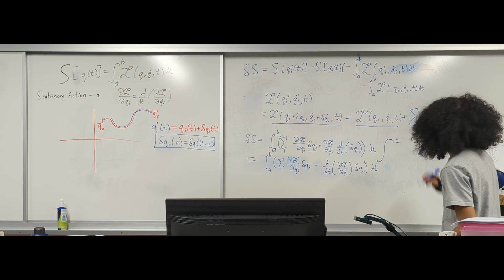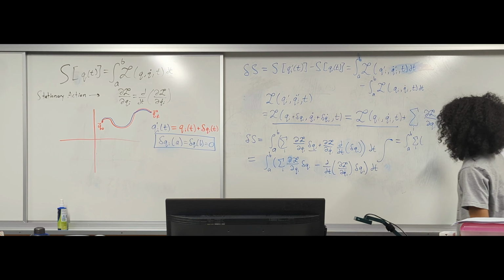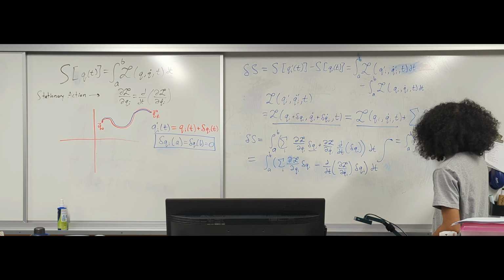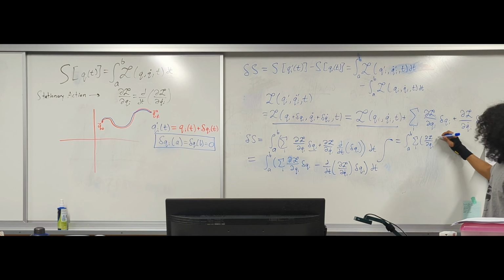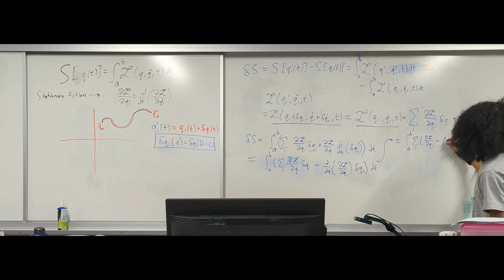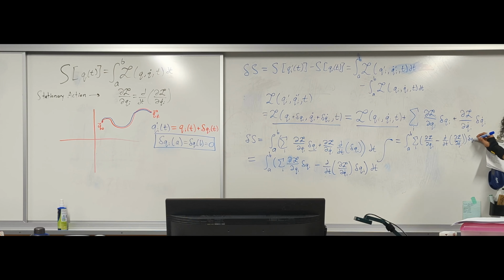So what's going to happen is that we have this integral from a to b. We have a sum over i of dL by dq_i minus d by dt of dL by dq_i dot, then this times delta q_i, and then we sum over i, and this integral is done over time.